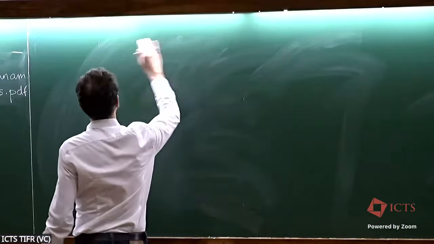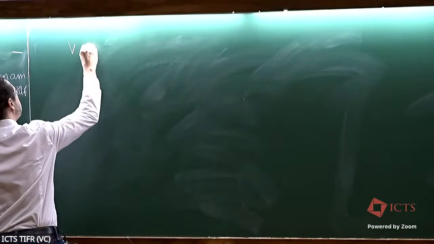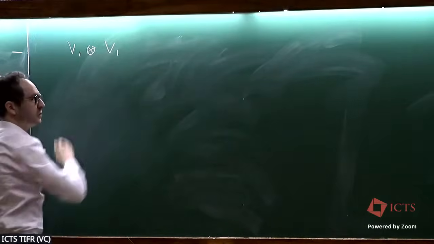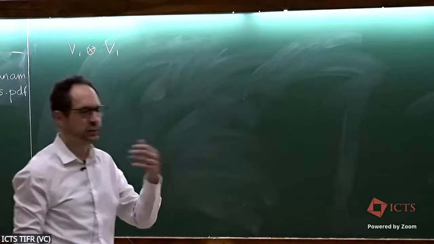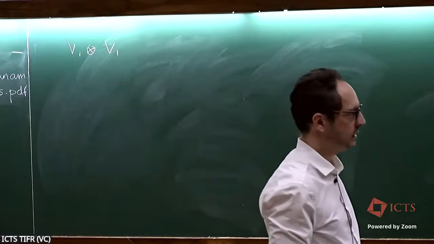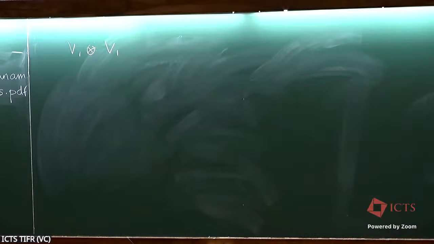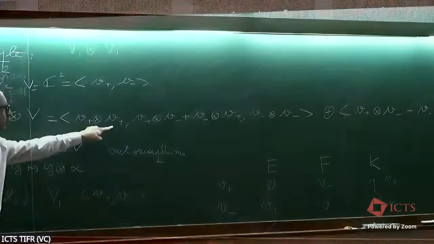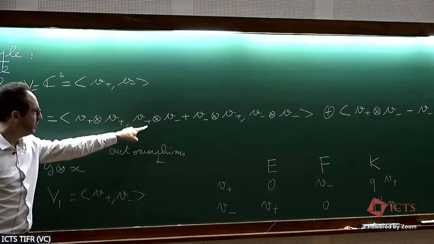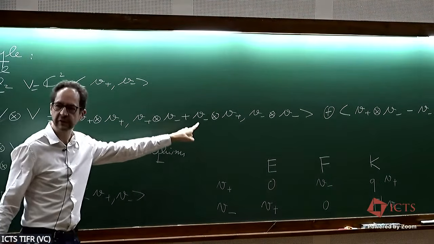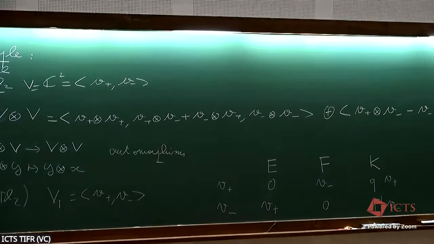We look at V1 tensor V1. Again, it will decompose as a sum of two representations, but because of the coproduct, which is not symmetric, if you remember the coproduct, when you act on v plus tensor v plus, you do not get this one, but there is some factor q which appears for one of the terms.